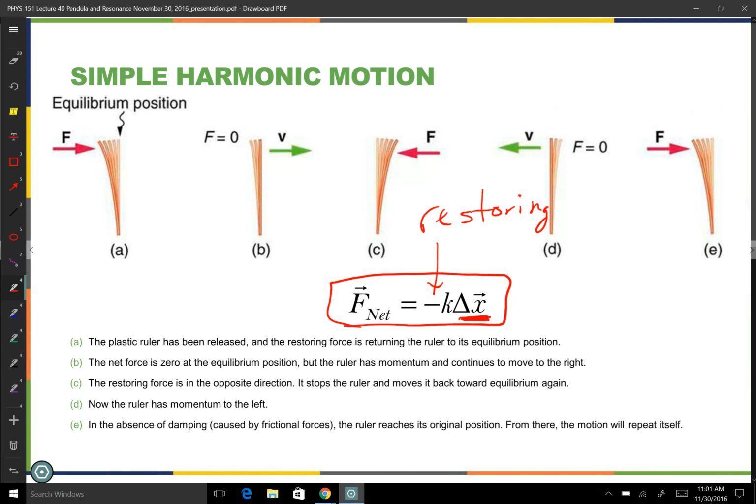So we have the two conditions, putting them together, you have to have a restoring force that's linearly proportional to how much it's been displaced from equilibrium.